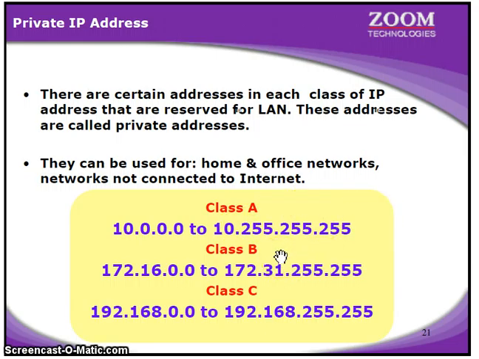In class B we have from 172.16.0.0 till 172.31.255.255. In class C we have from 192.168.0.0 till 192.168.255.255. These all addresses can be used in the private networks, but these computers cannot be connected to the internet.